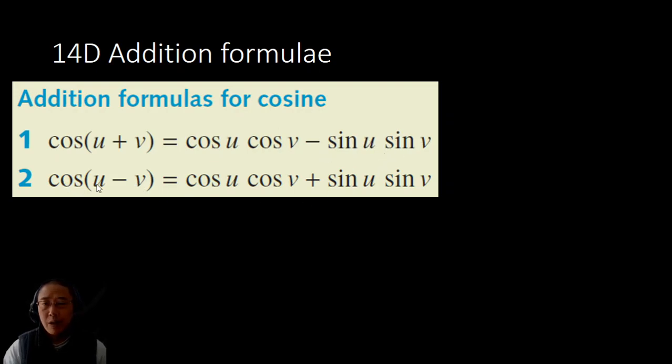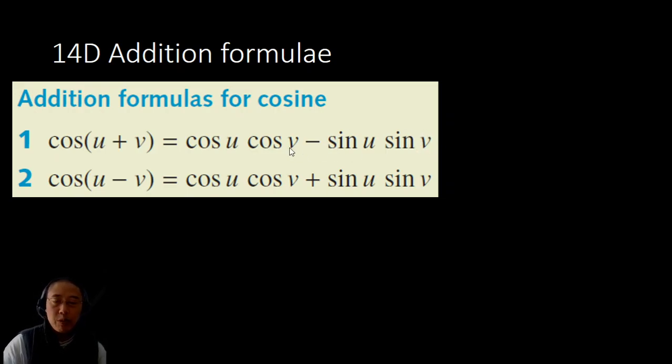Now, when you do a difference, all you need to do is, if you look at the first formula, substitute that plus v by plus negative v, so it affects that v, which becomes negative v.